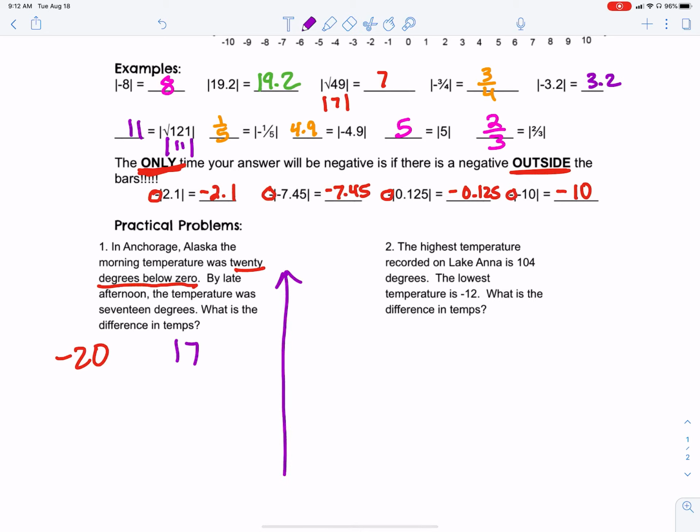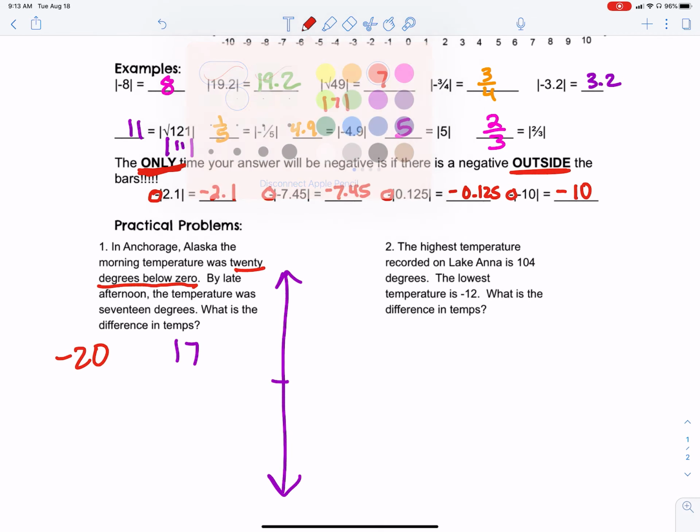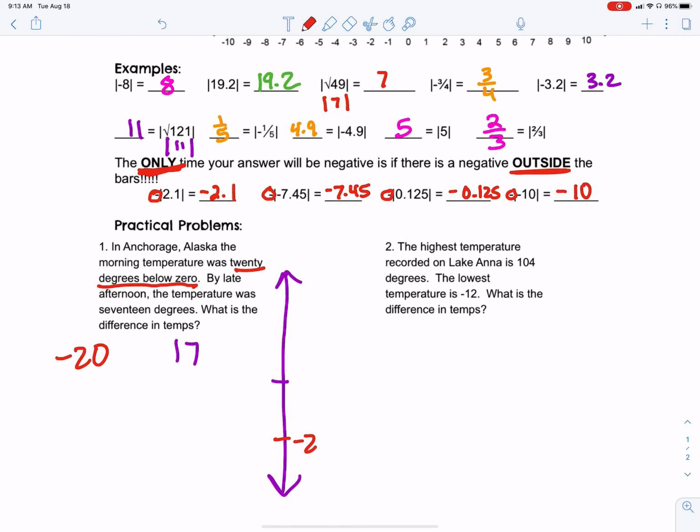I like to think about those as a number line. -20 goes below 0. We're going to have 0 here, and then +17 goes above 0. From -20 to 0, that's 20 spaces that you would have to count up. And then from 0 to 17, that's 17 more spaces.